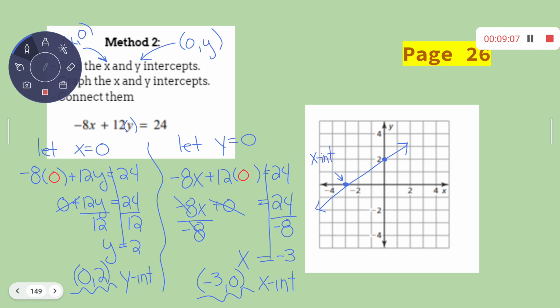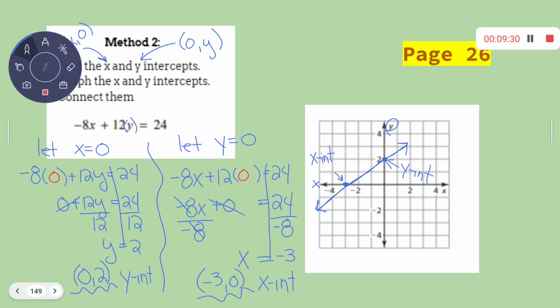It is where my line has an intersection with the x-axis. And this point is my y-intercept. It is where my line, right here, has an intersection with the y-axis. So on your notes, make sure you label both of those points, x-intercept and y-intercept.